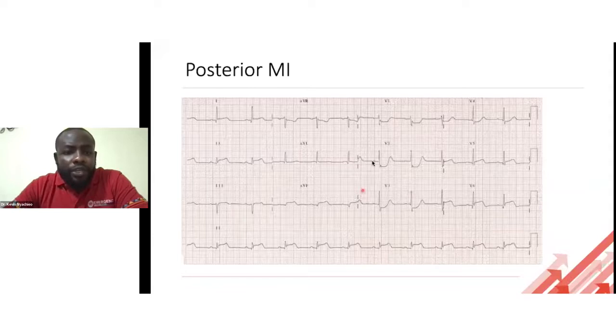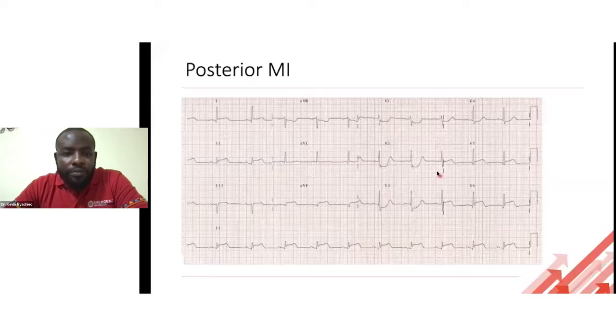The other thing you can do, when you have this ECG strip, is turn it upside down, okay? If you're using your phone, you can even turn your screens upside down right now, and you'll find that this depression is actually an elevation. So when you turn your strip upside down and this looks like an ST elevation, this is a posterior myocardial infarction.